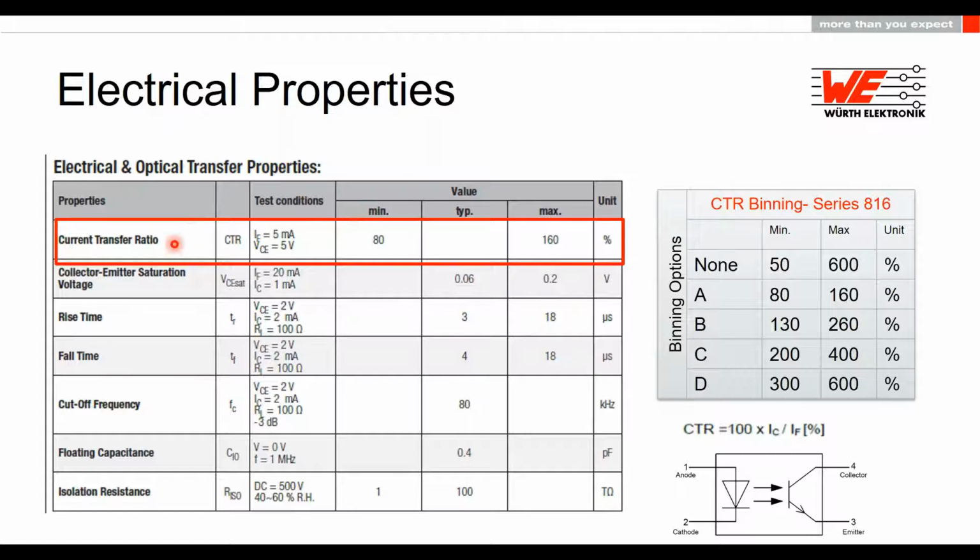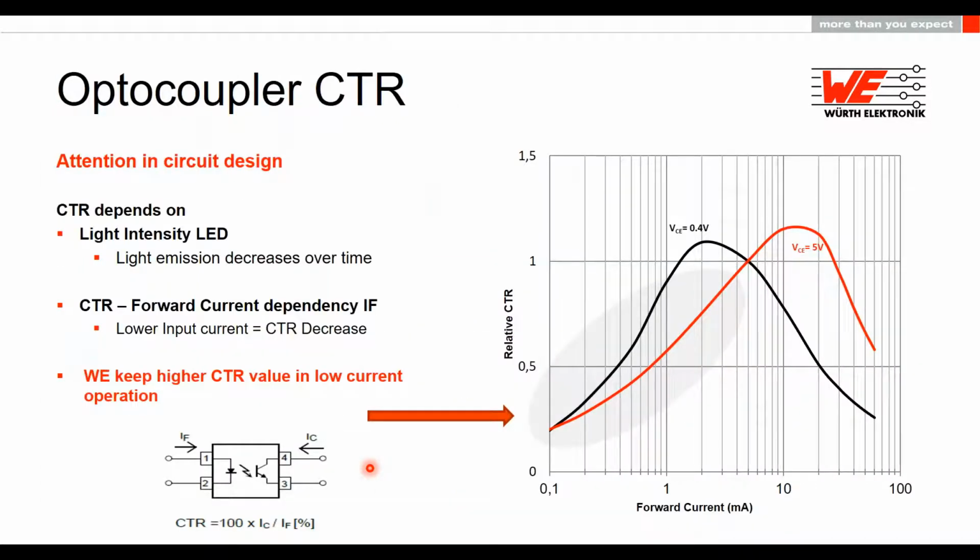Besides the current transfer ratio, you can also see the switching times, so the rise and fall times, the isolation resistance, and some other parameters. But let's focus on the CTR value. Since the CTR value is a significant parameter, we have to take a closer look at the diagram.